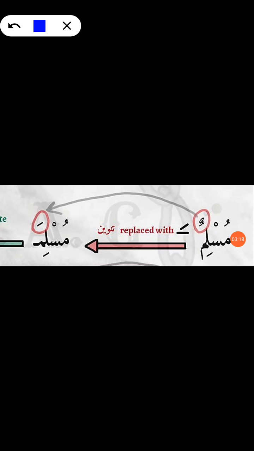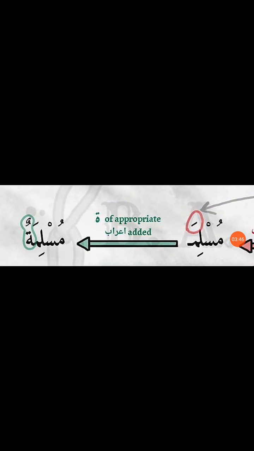Now if I want to convert it to its feminine counterpart, what I'm going to do is replace its tanween with fatha. As you can see, I've done here, the tanween has been replaced with fatha. Of course, I remove the tanween from the last letter and I replace it with fatha. And once I've done that, I simply add the round ta.